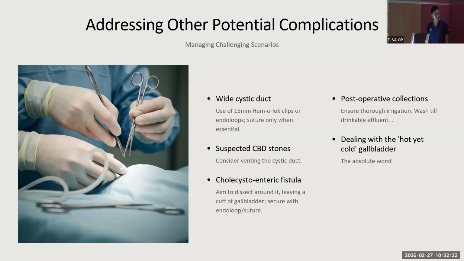Fistula. So for fistulas to the small bowel or the colon, the whole idea is to get around the fundus. Once you can get around the fundus, generally it will not be a problem anymore. And the trick is to leave a cuff of the gallbladder on the side of the bowel.